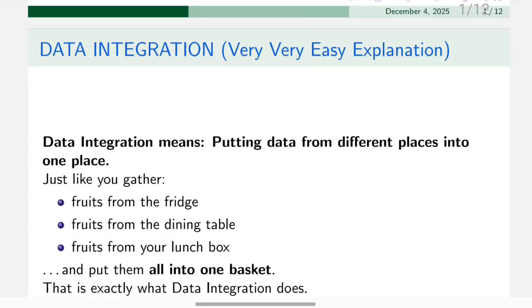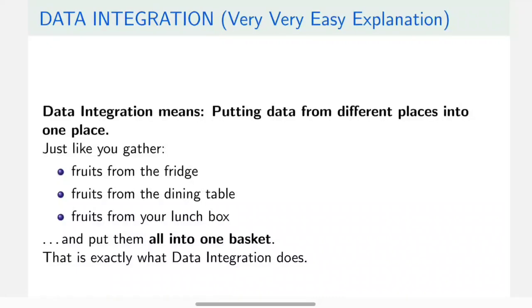Data integration simply means putting data from different places into one place. Imagine you have information about students in three different files. For example, one file has names, one file has marks, and another file has attendance.